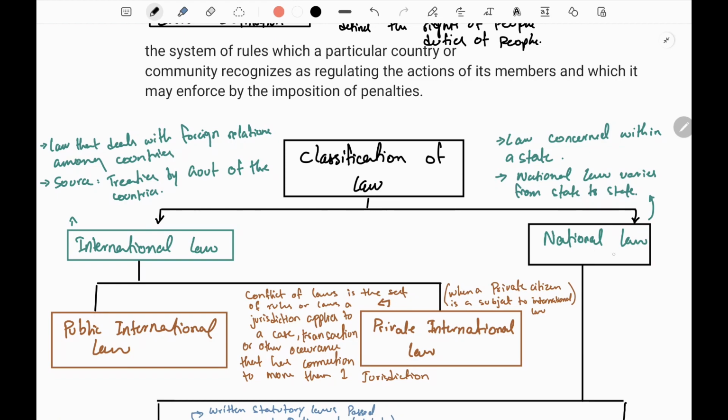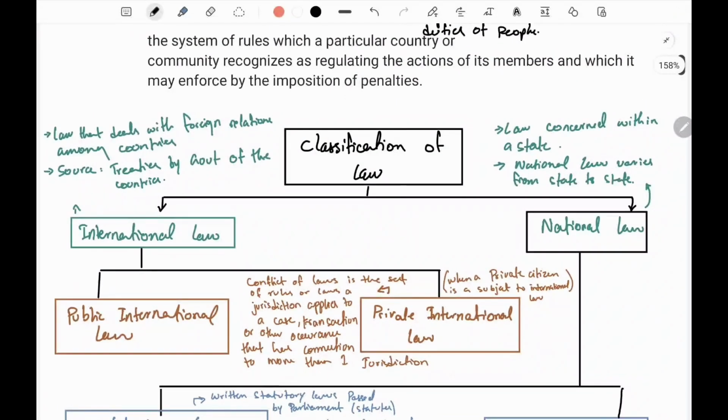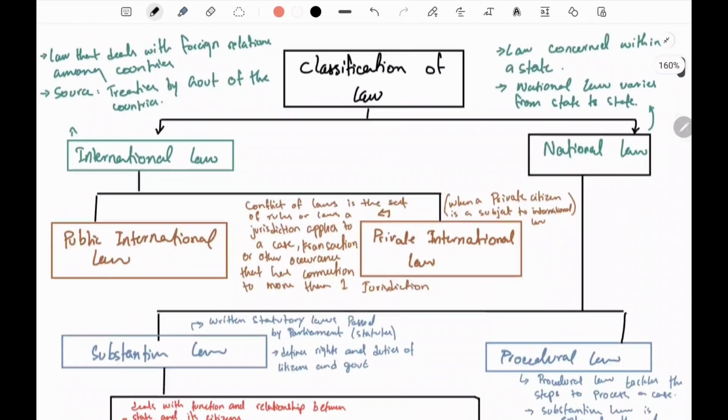National law is law concerned within a state, and national law varies from country to country and from state to state. Every country has its own law, and that is within the borders of the country.